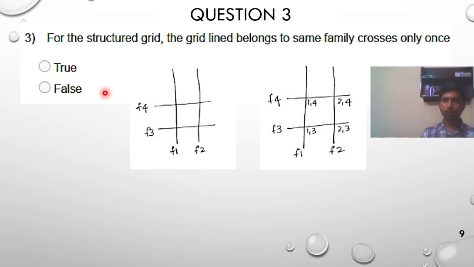For an unstructured grid, one set of family of lines can intersect the other set of family of lines multiple times. That is possible. I hope why it is false is understood. The family of lines f1 will intersect f3 once and f4 once. f2 can intersect f3 once and f4 once, but f2 will not intersect f2. So the answer should be false.